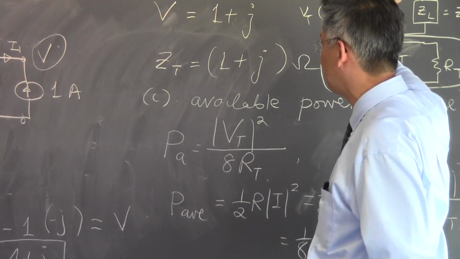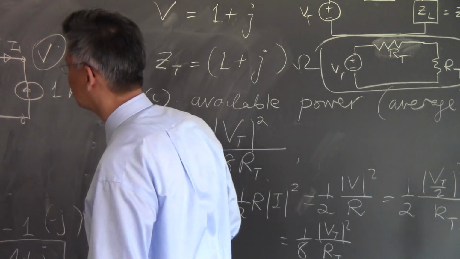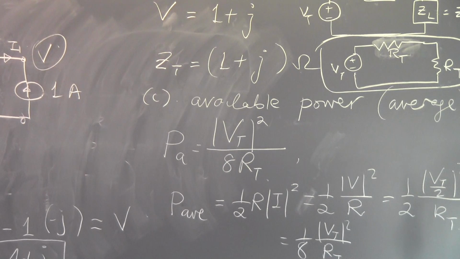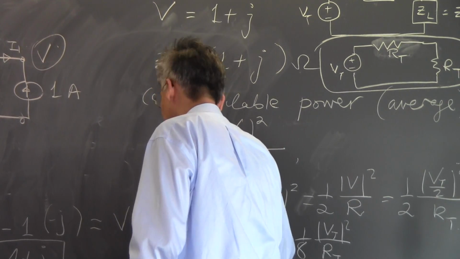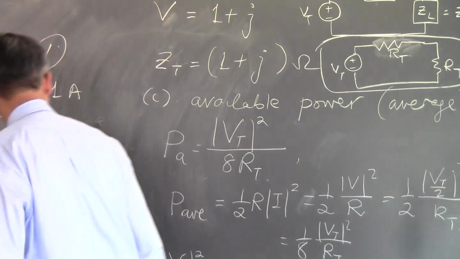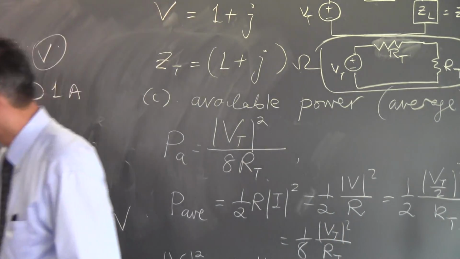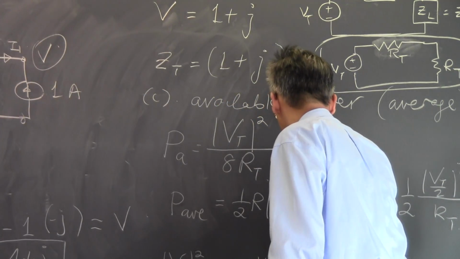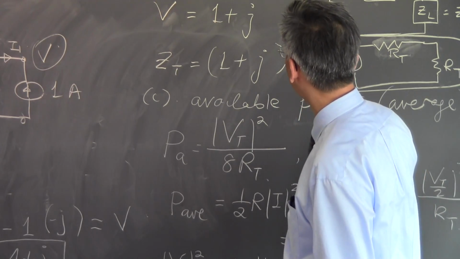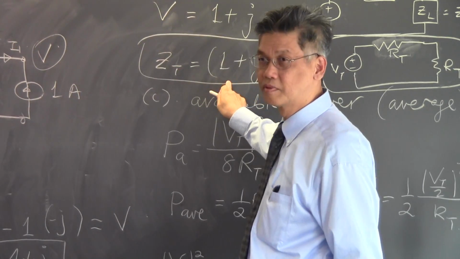And then you have to figure out what VT is. VT has already been figured out over here. So VT magnitude square is equal to the magnitude square of this one, which is 4 plus 16. You find the magnitude square of this is this square plus this square, which is 20. RT, if you are given that ZT equals to this, what is RT? 1.